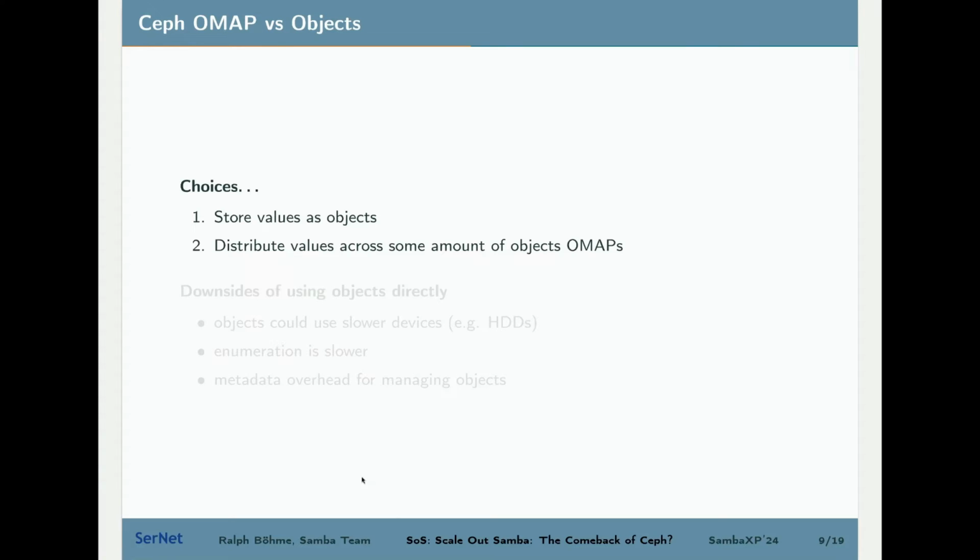Now, using Ceph as a backend for a key value database gives us the choice whether to store our records either as regular objects, as S3 objects via the RADOS API in LibRados, or, as mentioned before, in this OMAP database, which is basically built for that purpose.